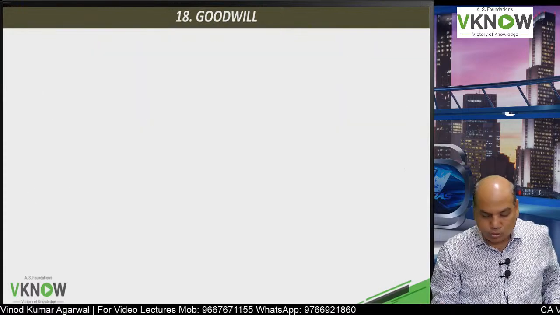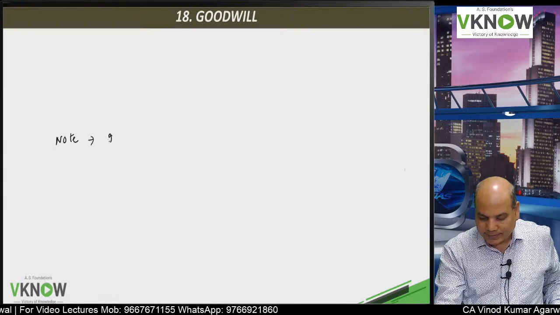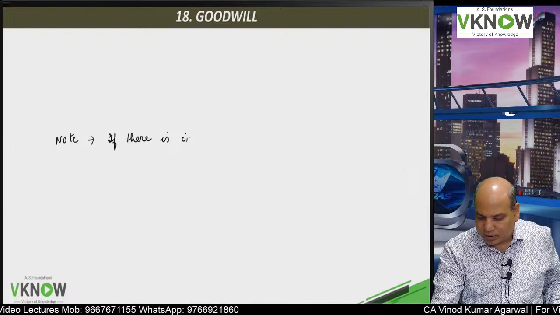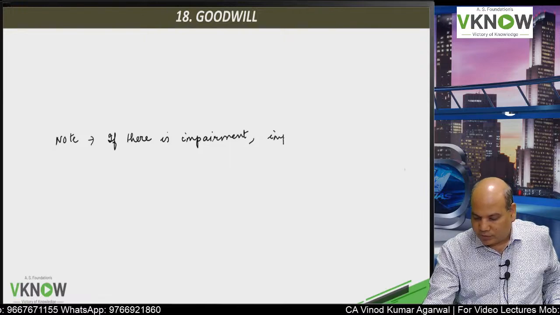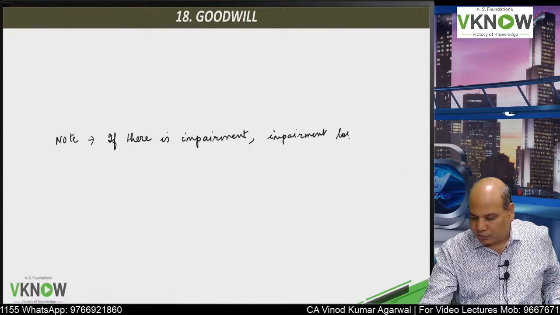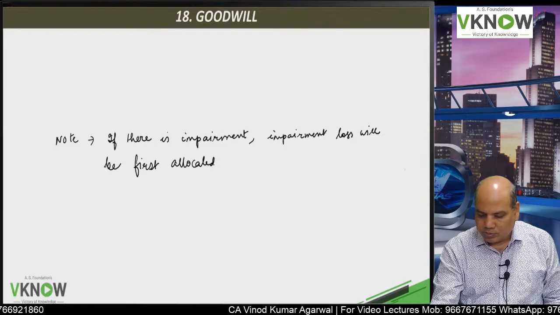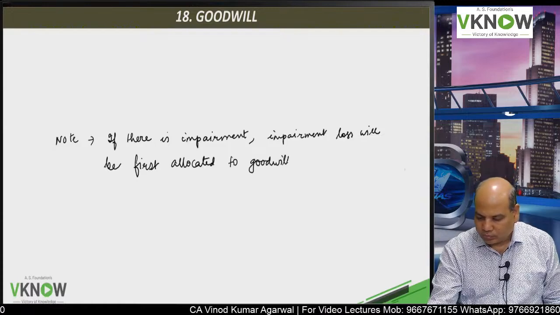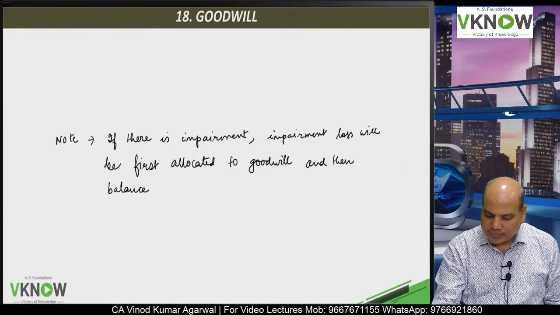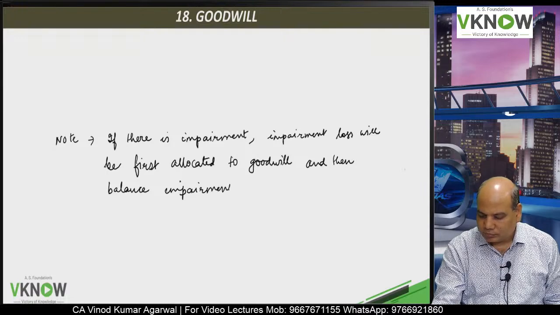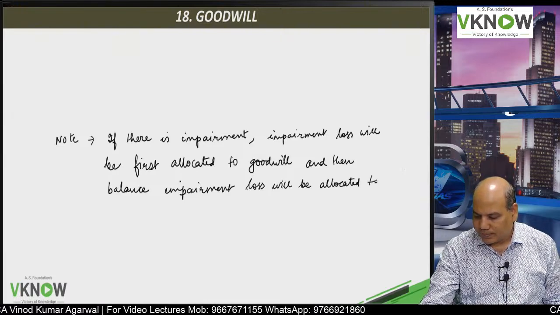Now one more note, write down. If there is impairment, please note down this much also. If there is impairment, impairment loss will be first allocated to goodwill, and then the balance impairment loss will be allocated to CGU.